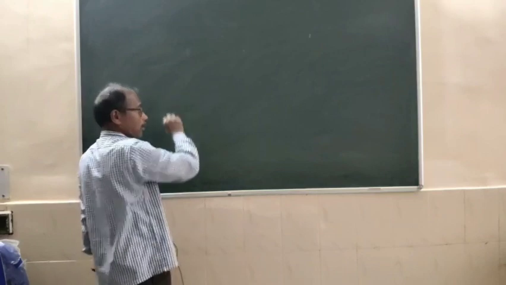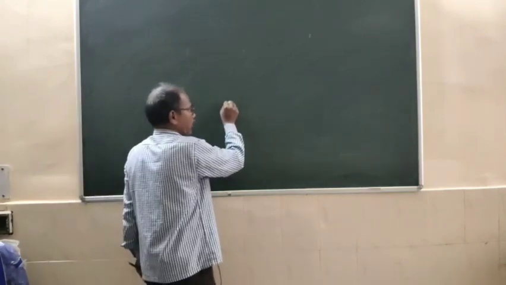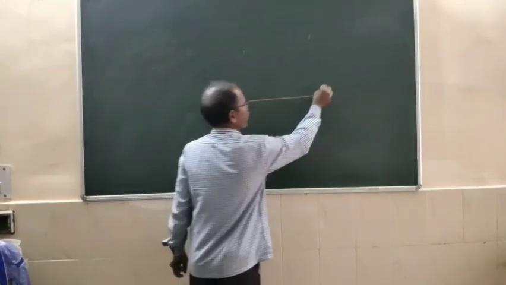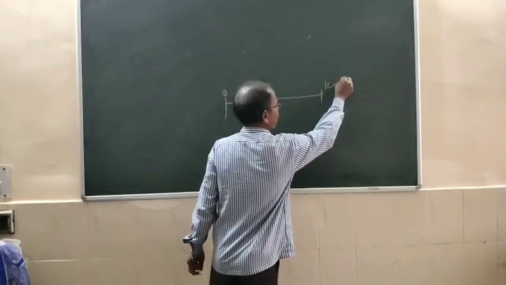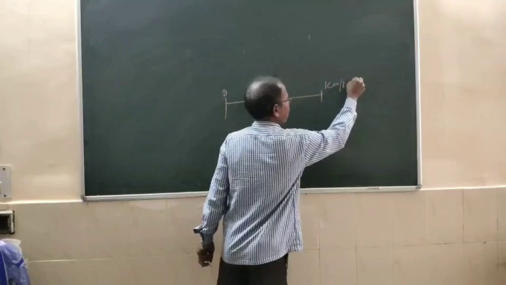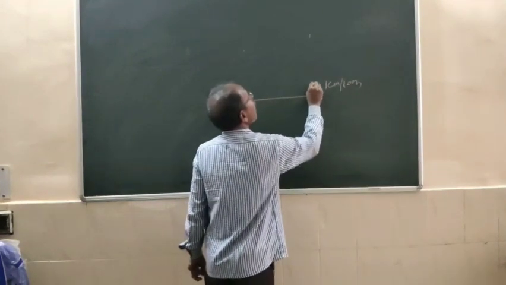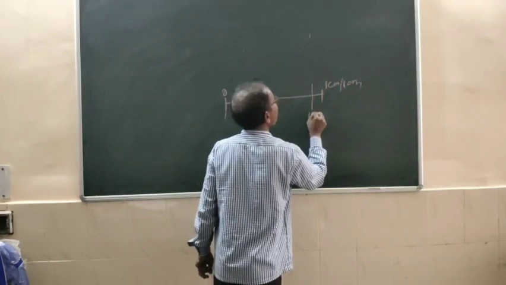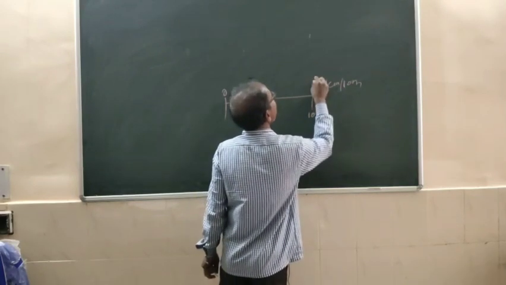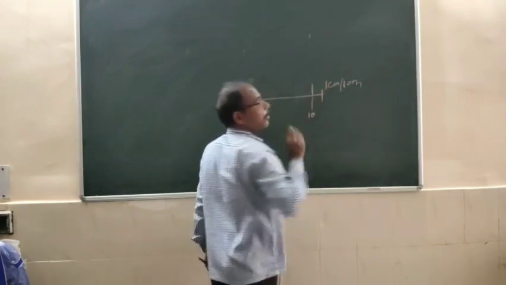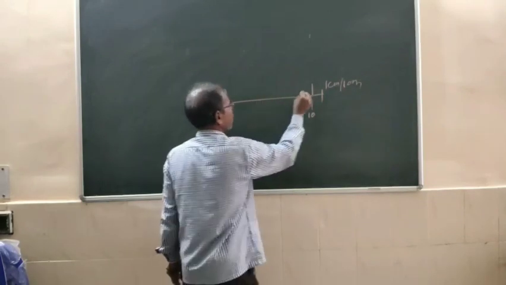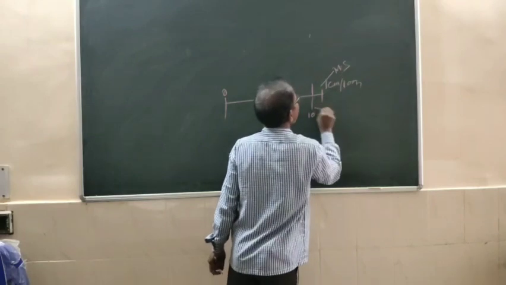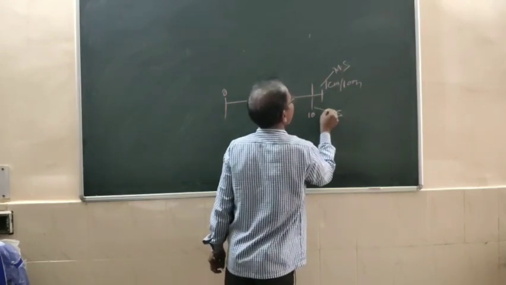Suppose this one is the main scale and this one is the vernier scale.